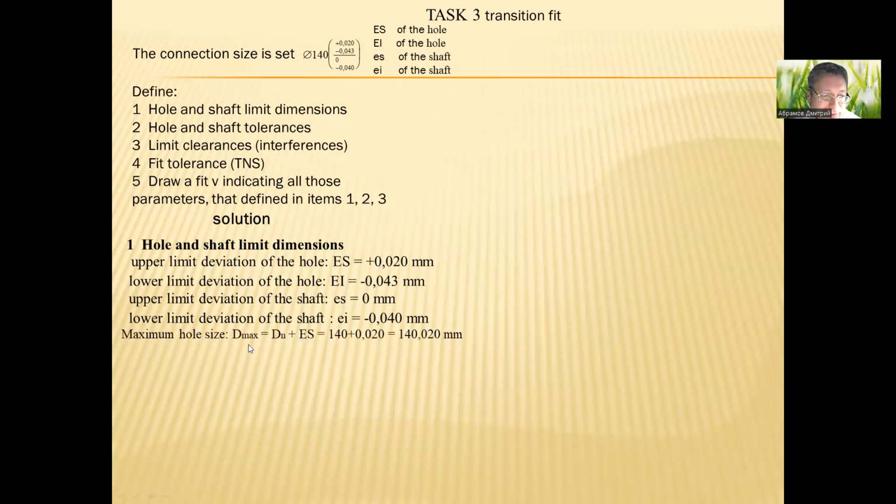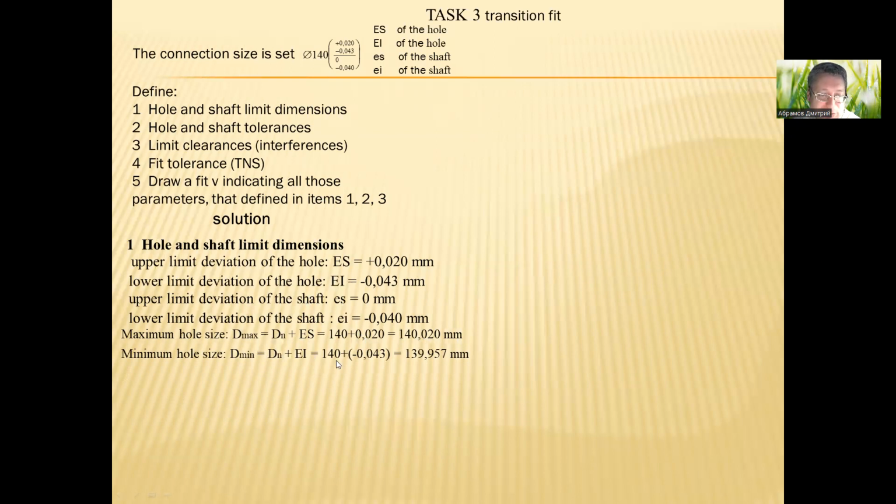Maximum hole size is equal to the nominal diameter plus the upper limit deviation of the hole. Nominal diameter 140 plus 0.02 millimeters, and we have 140.02 millimeters. Minimum hole size, big D minimum, is equal to the nominal diameter plus the lower limit deviation of the hole, big EI.